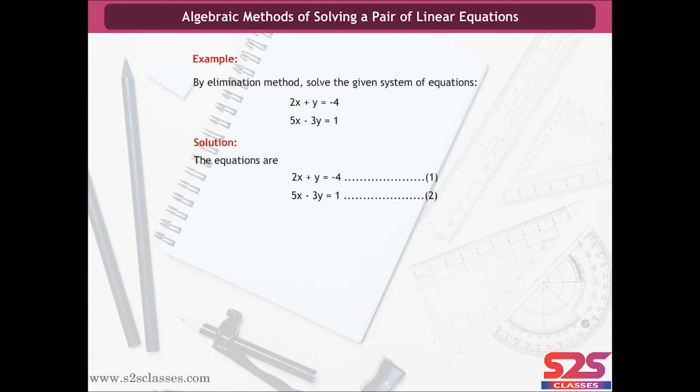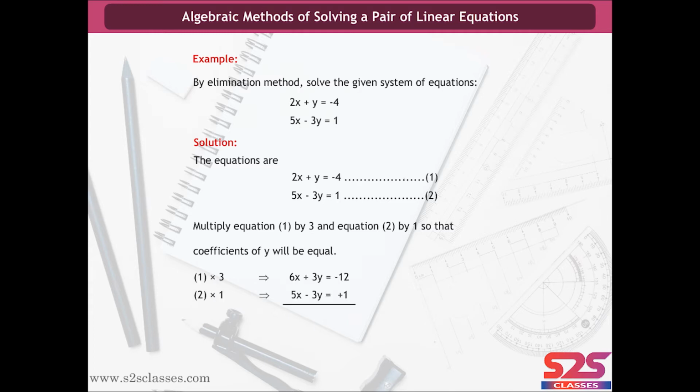Let us eliminate y from the given system of equations. For this, we multiply equation 1 by 3 and equation 2 by 1, so that the coefficients of y will be equal. Now solving the equations, we get the value of x = -1.